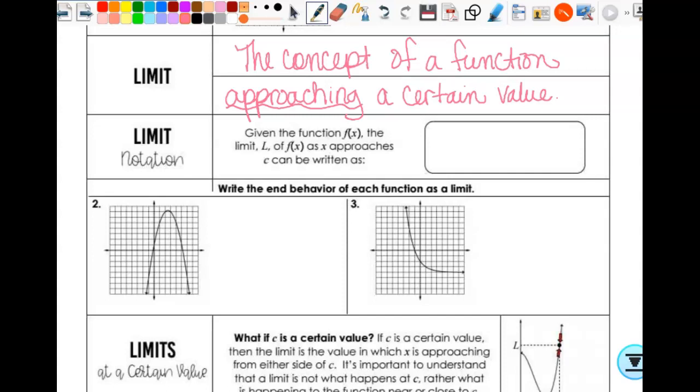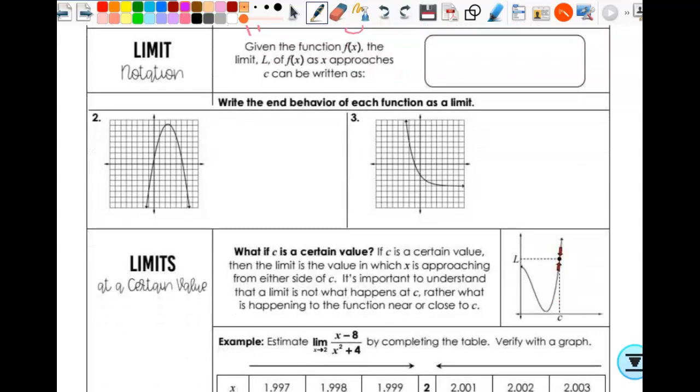So we're going to start by taking our end behavior notation and changing it into specific actual limit notation, which would look like this. So it says, given the function f of x, the limit L of f of x as x approaches c, all right, so f of x is our function, the limit is L, x is approaching some value c, is written like this.